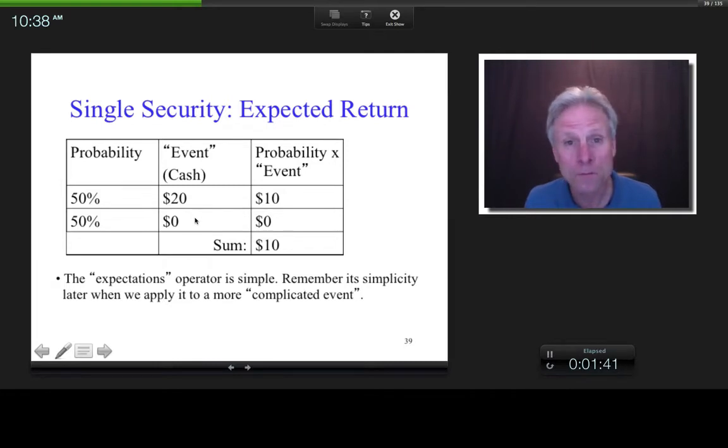And I want to be wrong, right? I'm saying that because I'm challenging that not to be the case. But just remember the simplicity of applying the expectations operator. And like I said, later on, all we're going to do is make the event a little bit more complicated.